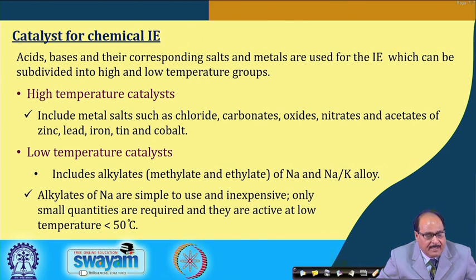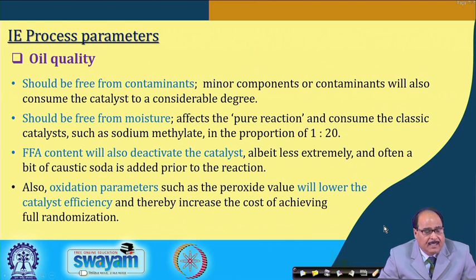The high temperature catalysts include metal salts such as chlorides, carbonates, oxides, nitrates and acetates of zinc, lead, iron, tin, cobalt, etc. Low temperature catalysts include alkylates of sodium or sodium-potassium alloys. The alkylates of sodium are simple and inexpensive to use. Only small quantities are required and they are active at low temperature, that is, at less than 50 degrees Celsius.